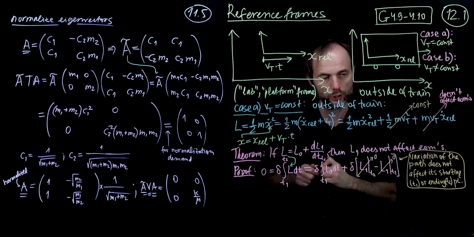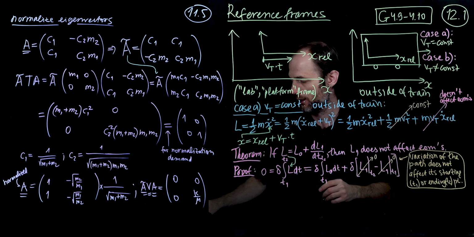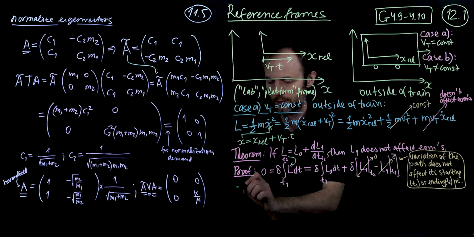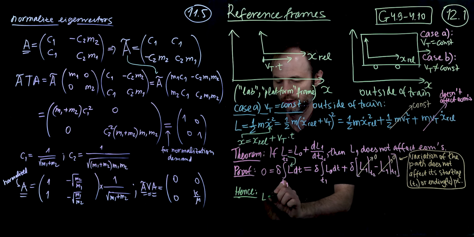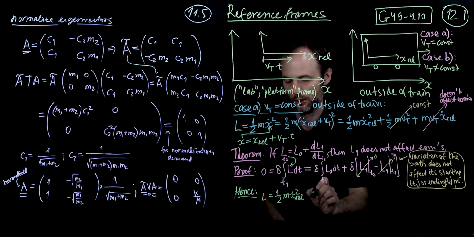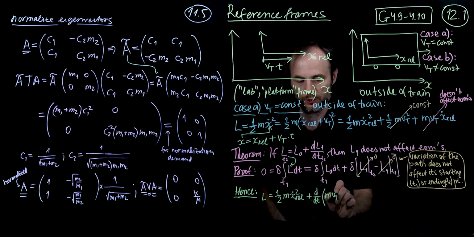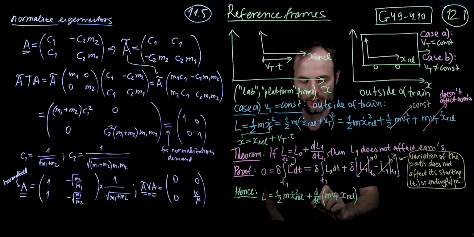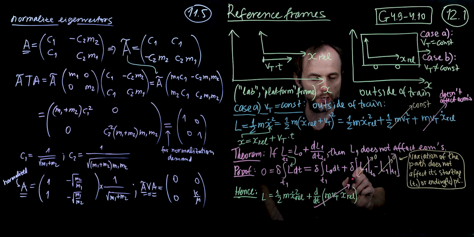It doesn't affect the equations of motion, so we can throw this away, and we can therefore write down our Lagrangian as simply 1/2 m x dot rel squared plus d/dt of m v train times x rel, which is this term, and I'm rewriting it here explicitly for clarity, and then this term goes away because it does not really affect our equations of motion.